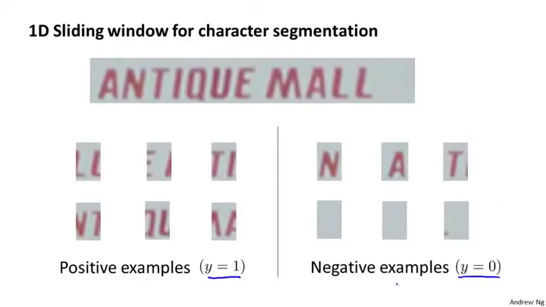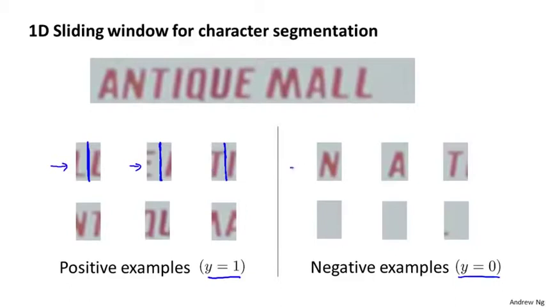For the positive examples, if you look at this first one, the middle of this image patch indeed has a split between two characters. In the second example, again, this looks like a positive example because if I split two characters by putting a line right down the middle, it looks like a good thing to do. So these are positive examples where the middle of the image represents a gap or a split between two distinct characters.